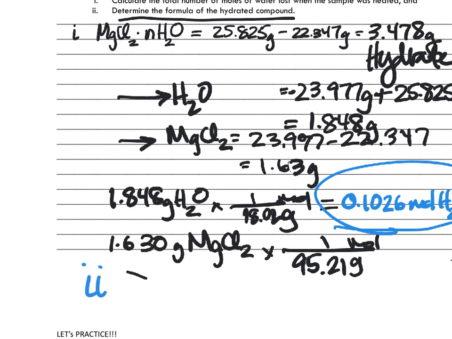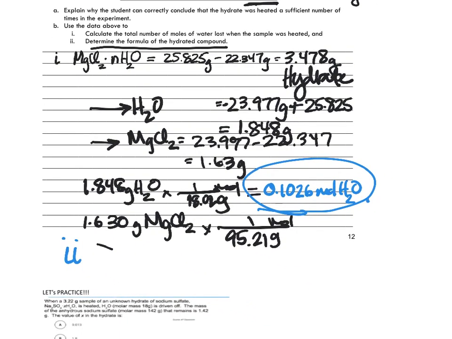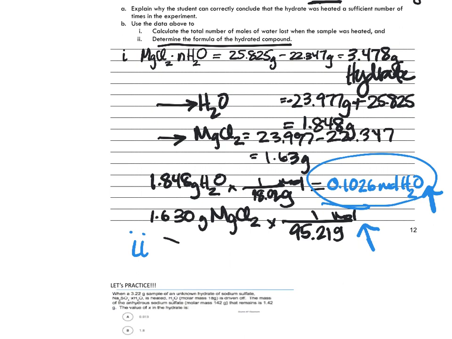Part 2 wants us to find the formula, which means I'm going to need a ratio of waters to magnesium chloride. I need that mole of magnesium chloride.